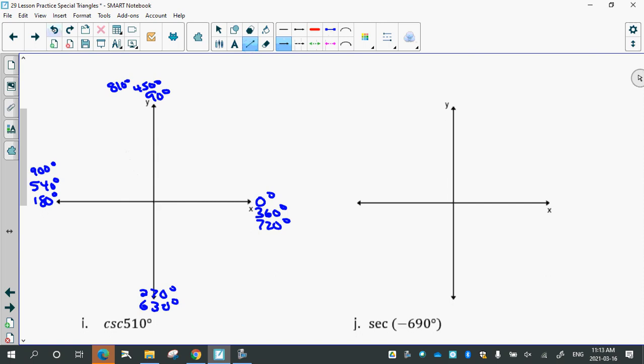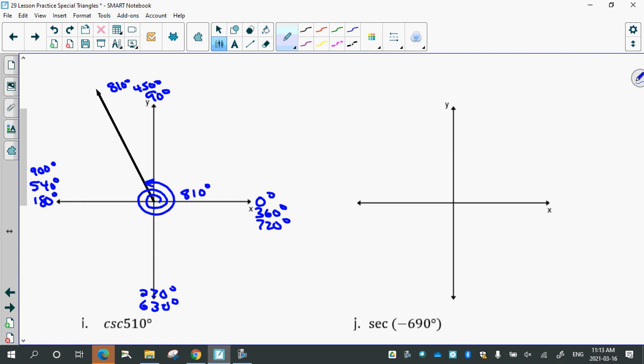Okay, so going all the way around once is 360, twice is 720. That's 810. Sorry, that's 840.